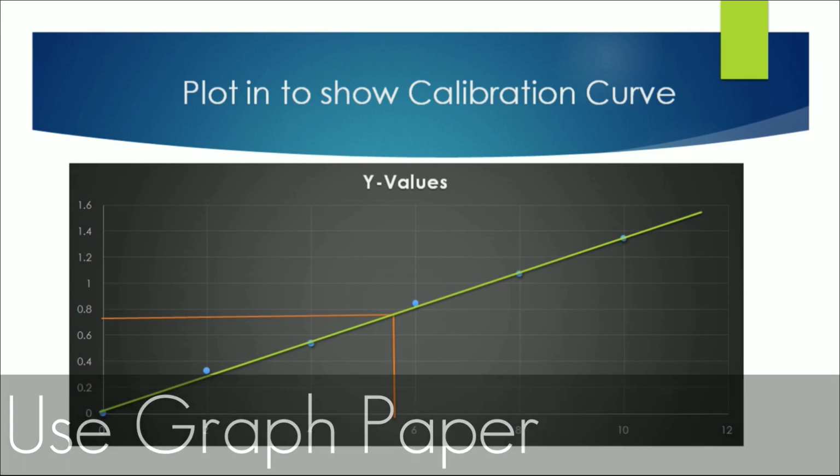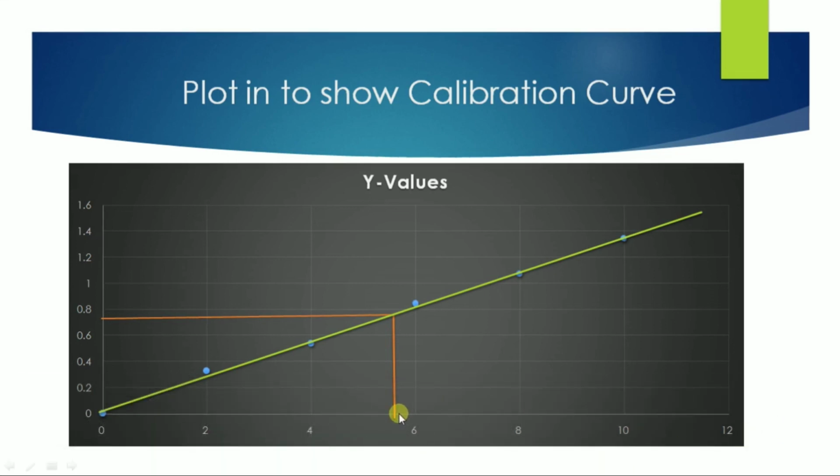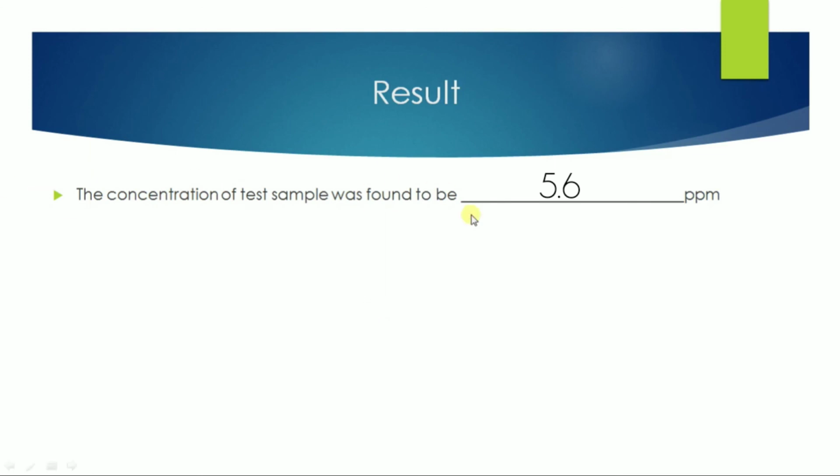From this we can find out the concentration of the unknown, which is approximately 5.6. Using a graph paper will give you the exact value. Note the result. The concentration of the test sample was found to be 5.6 ppm.